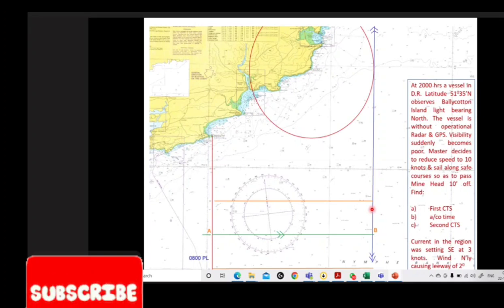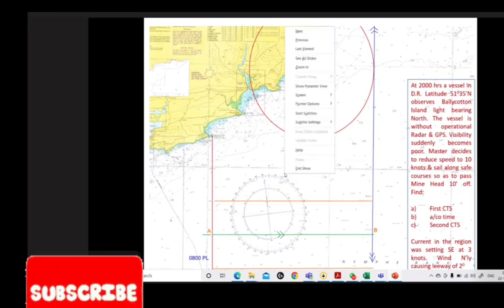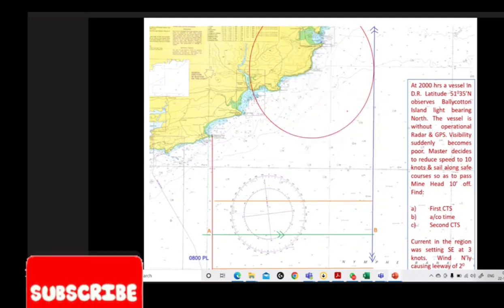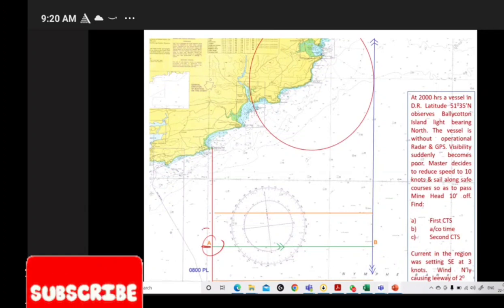What I am saying is, somebody may have this doubt: why is sir telling me to let the ship be at A? I took it at A because here is the DR, and the chances of my ship being close to DR are highest. This was the DR, this was the actual position of the ship. Then where would the ship be when this PL was taken? The ship would be here.